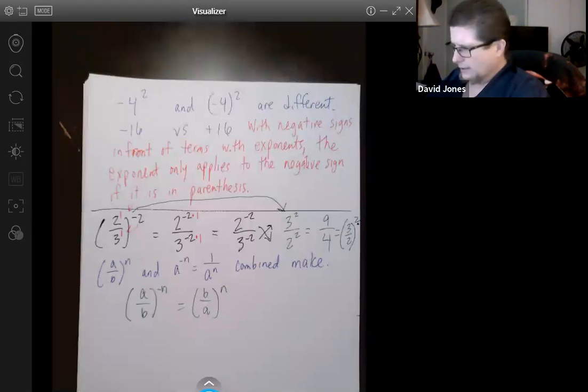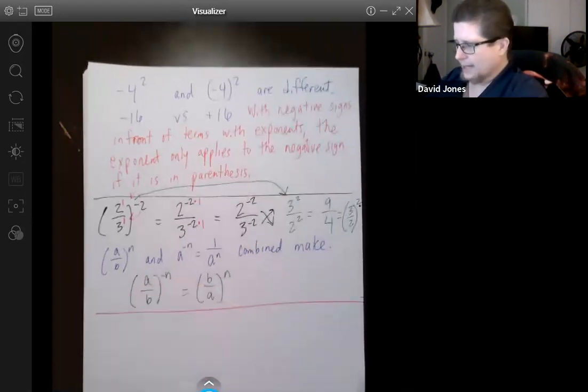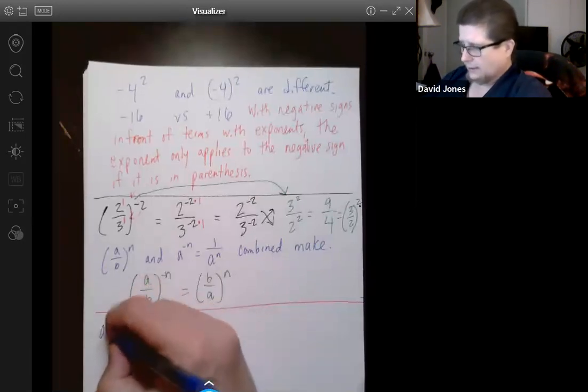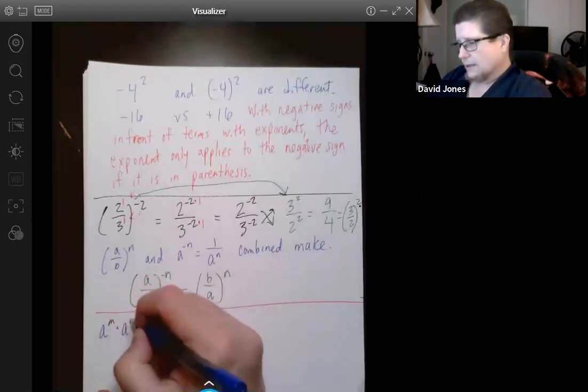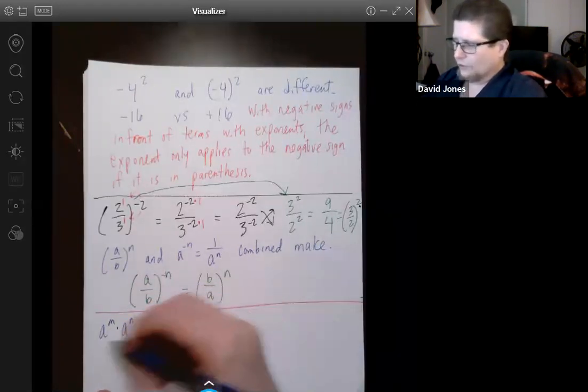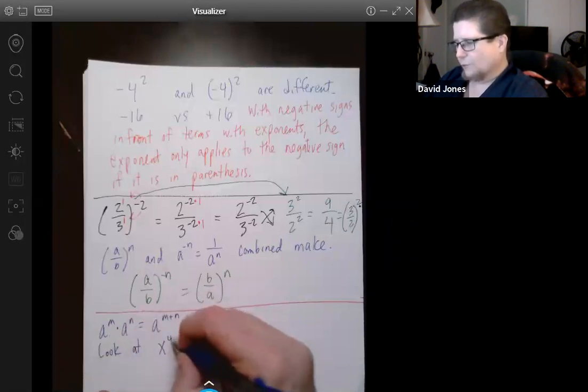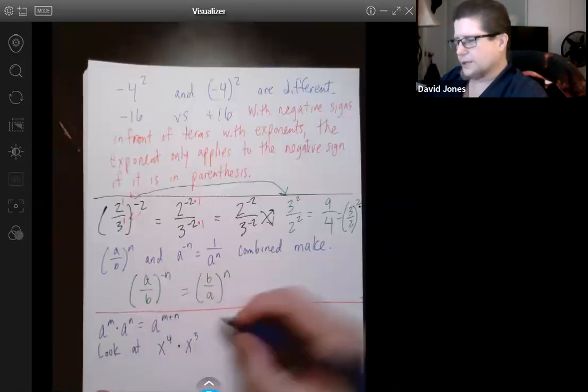We had, just as a quick reminder, where a to the m times a to the n comes in. Look at x to the 4th times x cubed.